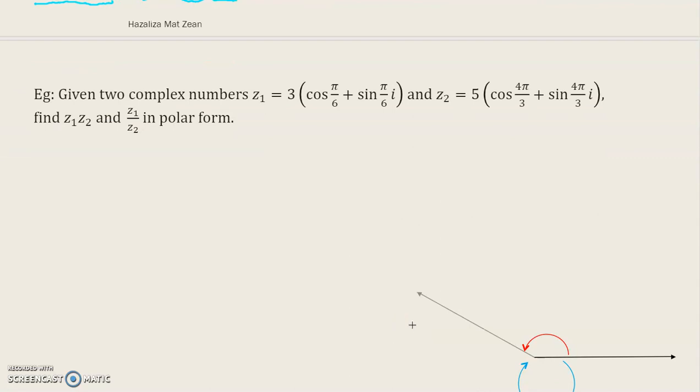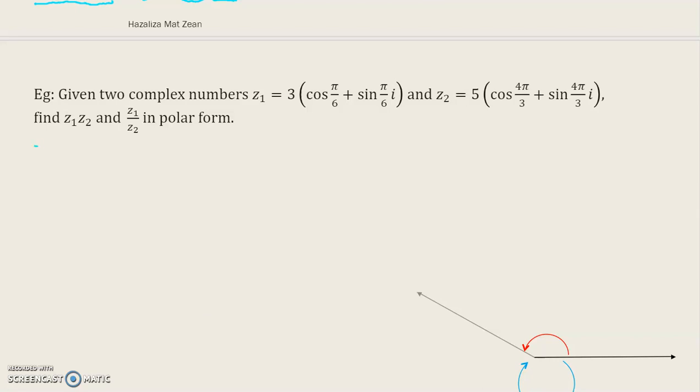Let's take a look at this example. We have here two complex numbers. Z1 is 3 (cos pi over 6 + i sin pi over 6), and Z2 is 5 (cos 4 pi over 3 + i sin 4 pi over 3).